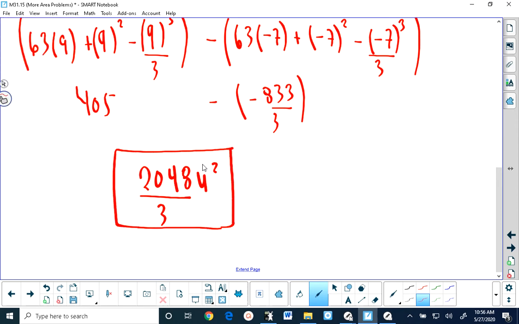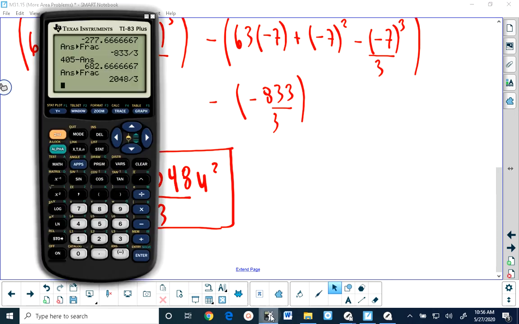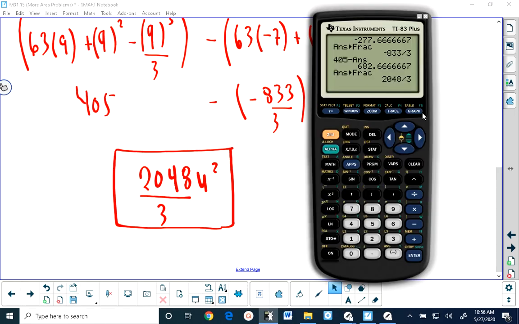Let's go to our calculator and hopefully confirm that that's the correct answer. We had y equals 63 plus 2x minus x squared, and we were going from -7 to 9. So if I go zoom 6, I should be able to see -7 to 9.